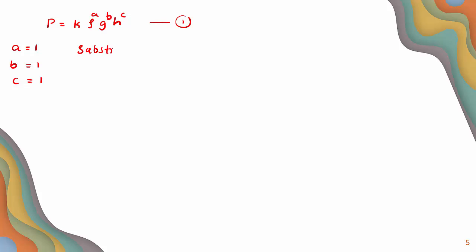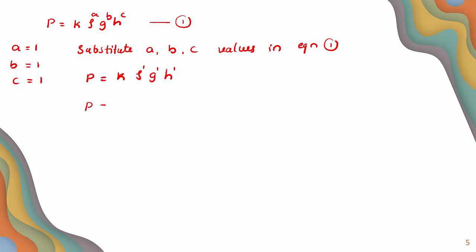Substitute A, B and C values in equation number 1. We get P equal to K into rho raised to 1, G raised to 1, H raised to 1. That means P equal to K into rho G H.